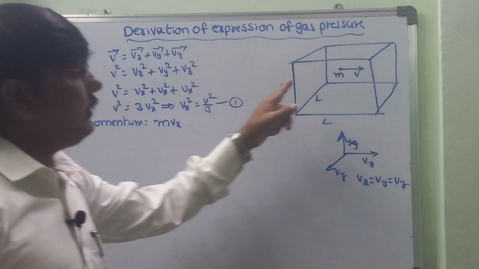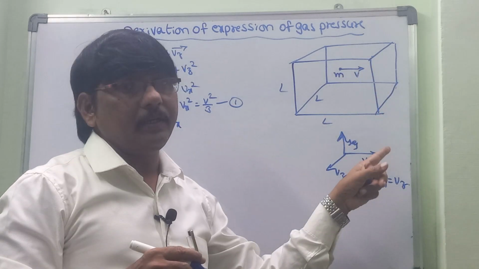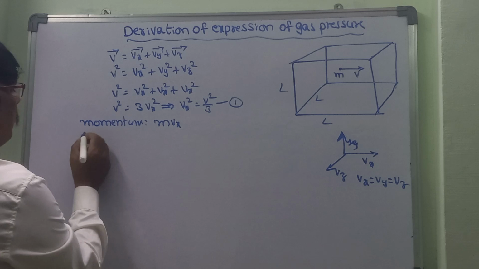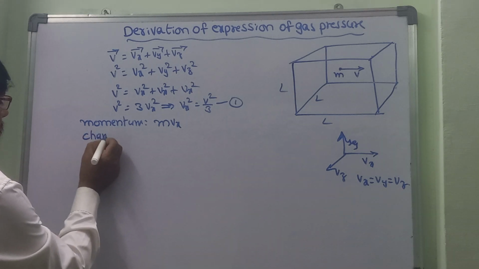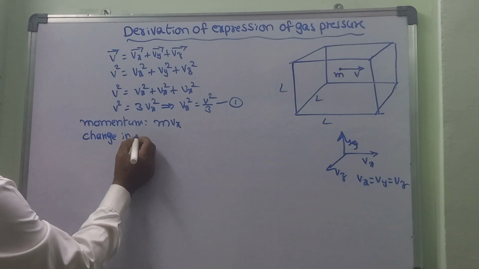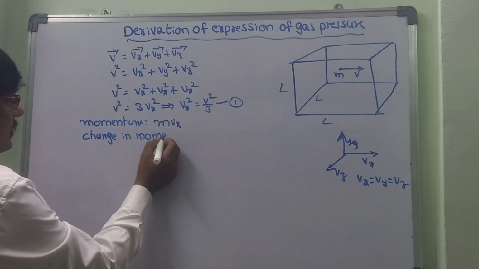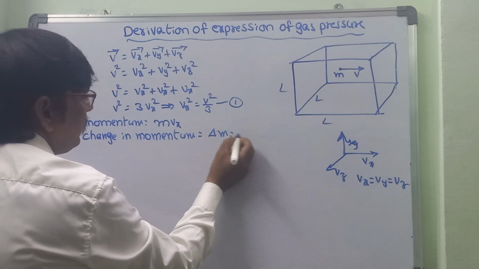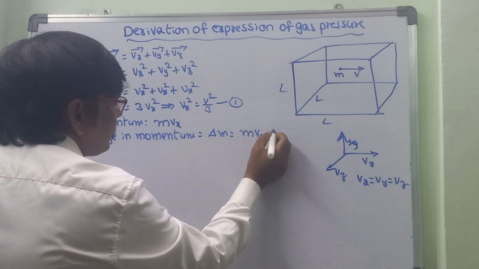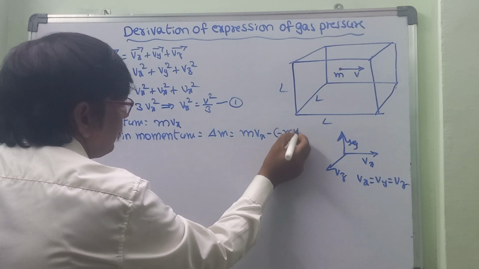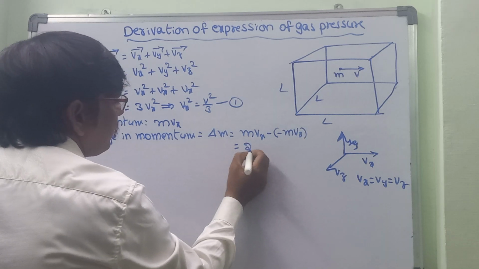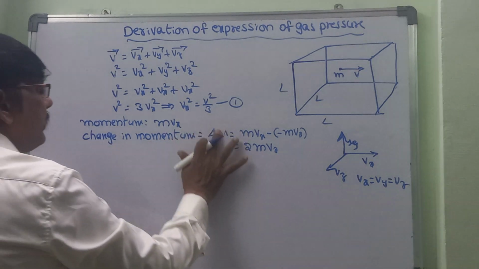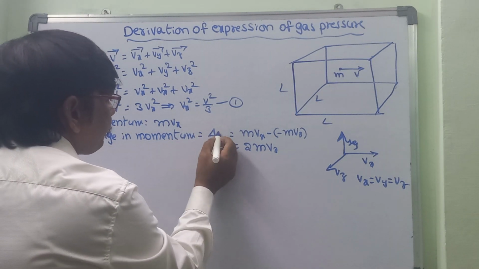As soon as the particle collides with the container wall, it travels back in the opposite direction. So the change in momentum is delta p is equal to mVx minus of minus mVx, which is equal to 2mVx. That is the change in momentum.